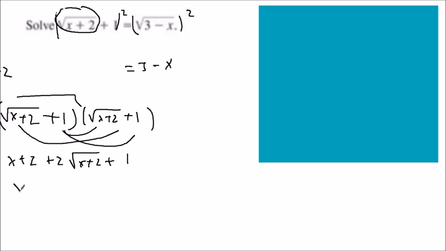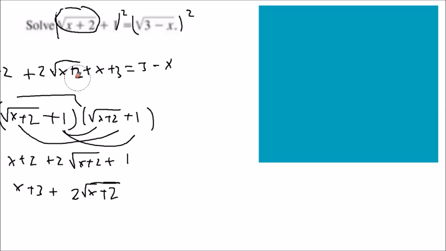So then you actually have x plus 2 plus 1 plus 2 times the square root of x plus 2. So we'll just add that in there, 2 times the square root of x plus 2, plus x plus 3, right?